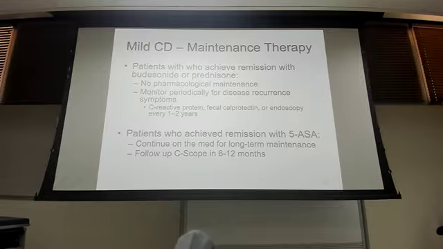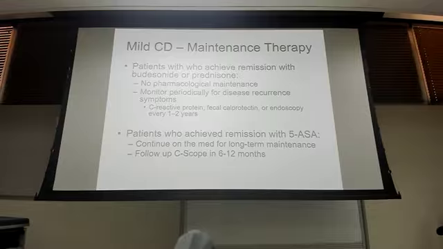If it was in the large intestine, no upper involvement, then we'll just look at the colonoscopy for the monitoring. If it involved upper GI, it's probably not mild, but if it was, then we would look at an upper EGD as well as colonoscopy.